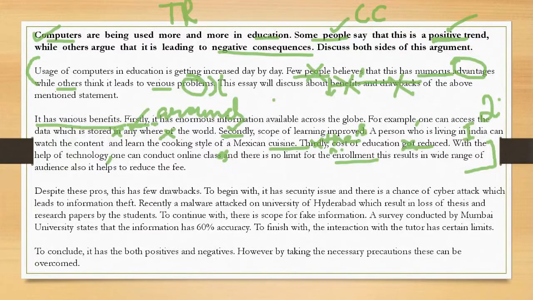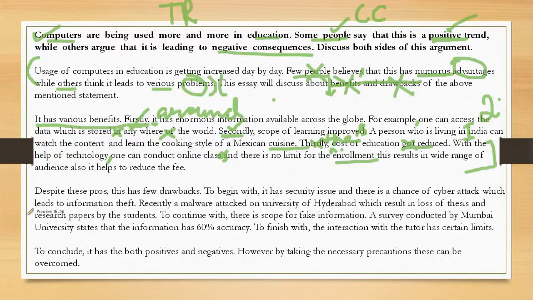Okay, full stop. This is how you have to write it. So basically, we will be focusing on the fact that because of the improvement in technology, now we can conduct classes online, and therefore there's no limit for the people who can enroll into that class, and this leads to reduced fees. Okay, so this is how you have to write this point.